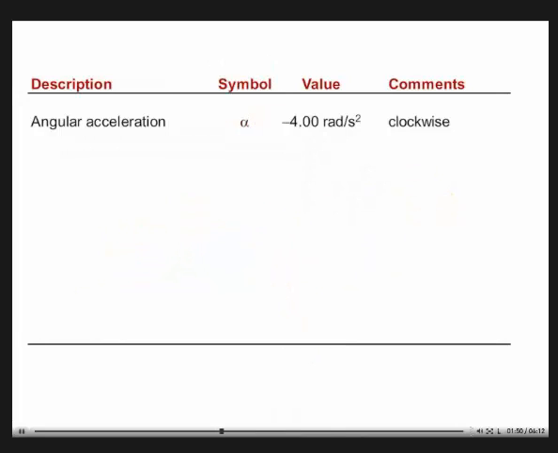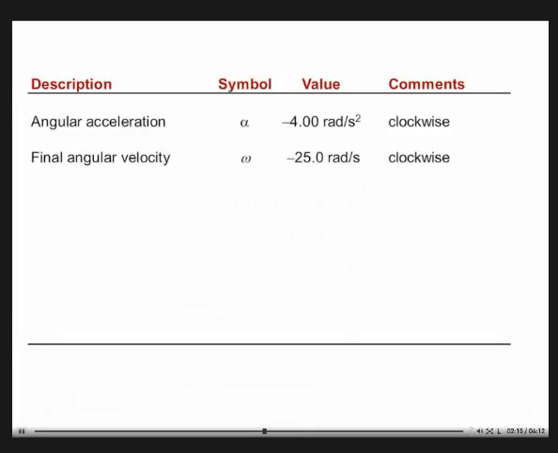Let's begin our solution by filling in our table of known values. The spinning fireworks have an angular acceleration, alpha, of negative 4.00 radians per second squared. The minus sign indicates that its direction is clockwise. The final angular velocity is also clockwise with a value of negative 25.0 radians per second.